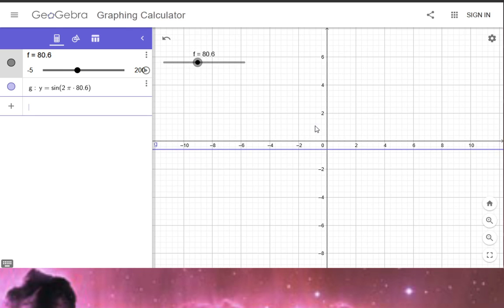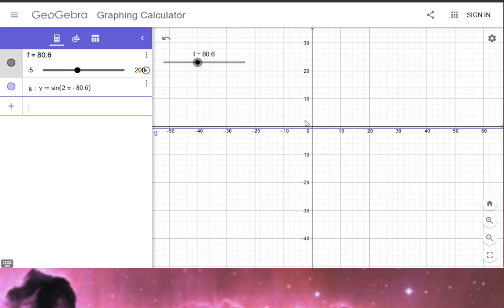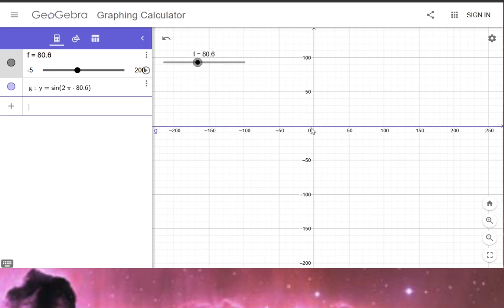Let me see. Let's change the value here. Let's try 10. It's just discrete values.